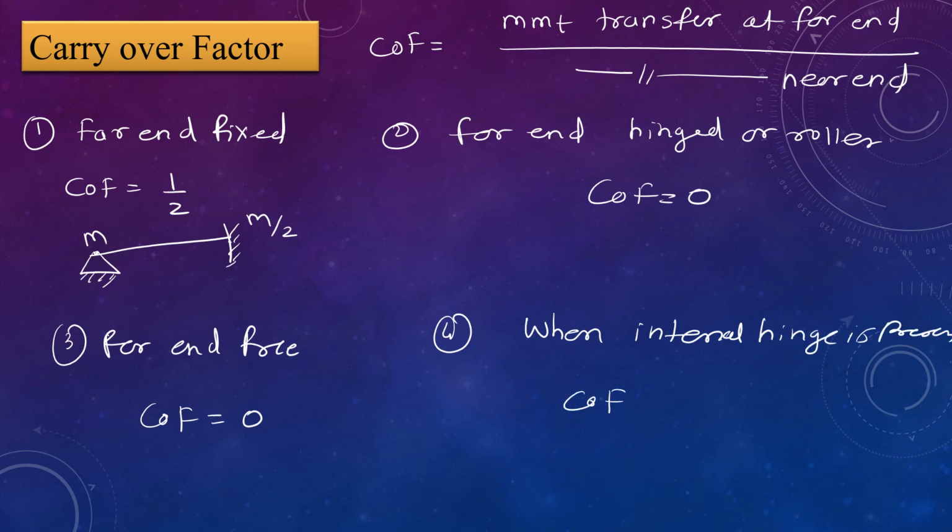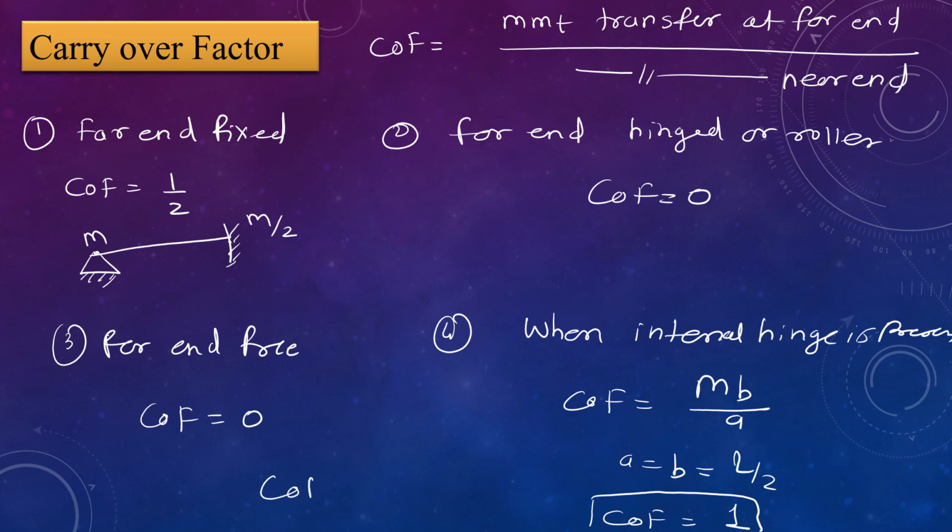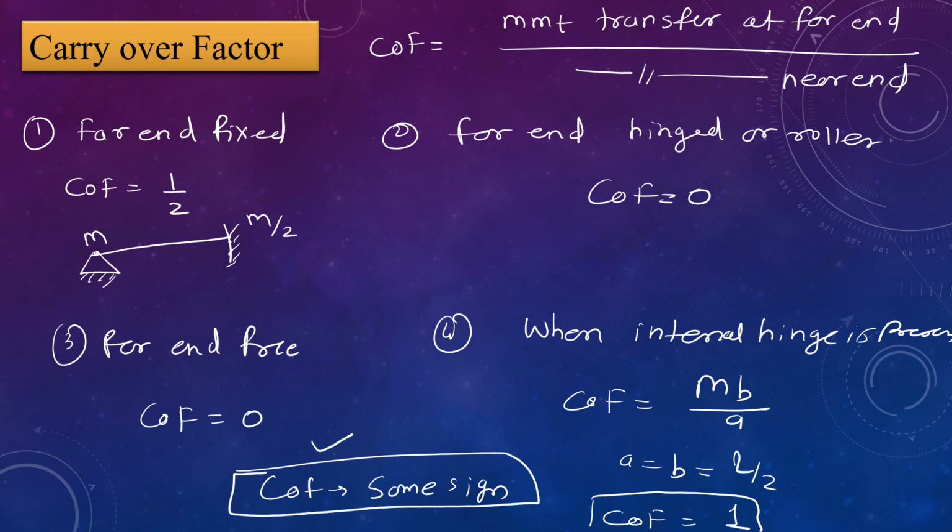Then the carryover factor is equal to MB by A. If A is equal to B is equal to L by 2, then the carryover factor is equal to 1. This is how you can calculate the carryover factor for different beam or frame conditions. The carryover factor is transferred with the same sign, but the moment is transferred with the opposite sign. This is the important point.